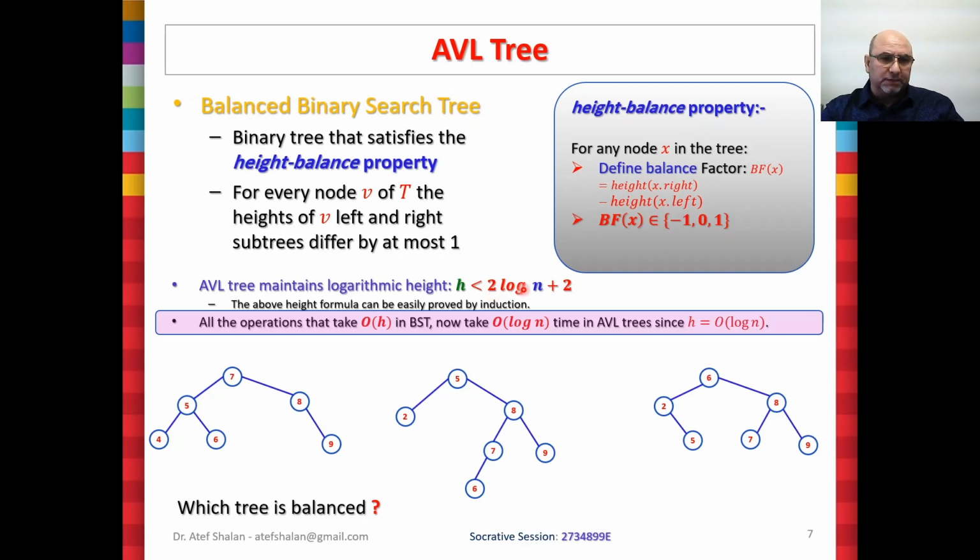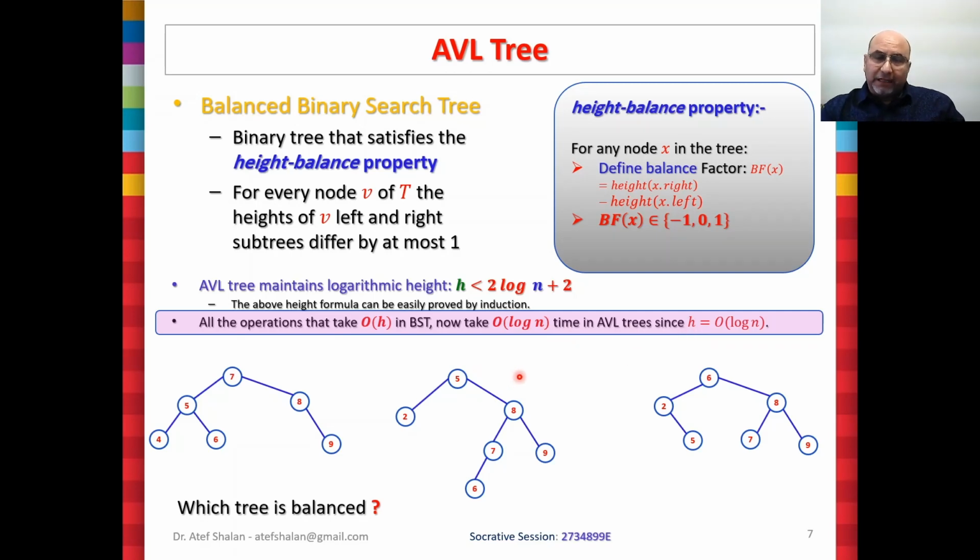If you solve this equation, you will get that the height is always less than 2 log of n plus 2. Well, that maintains the balance of the tree. That also maintains the height of the tree to be at most of order log of n.